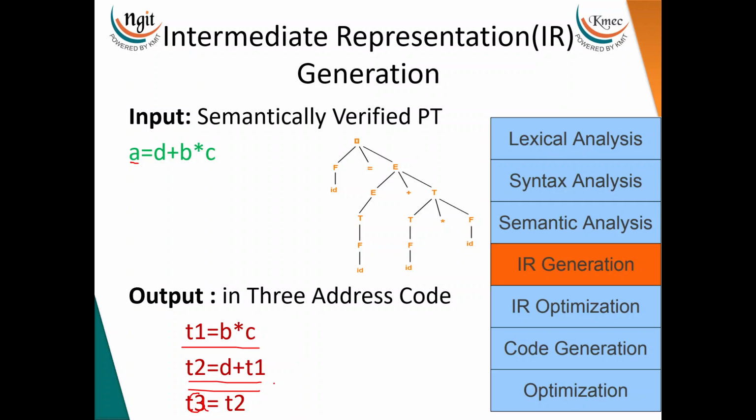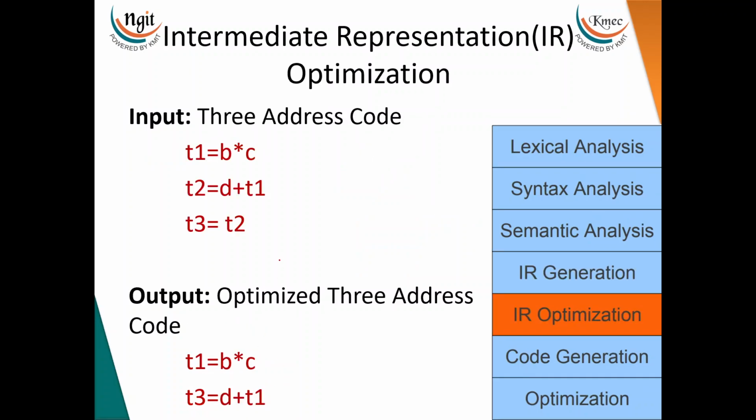So 2 is also allowed. And this will be given as input to the next phase of the compiler, that is IR optimization. So T1 is B star C, T2 is D plus T1, and A equivalent to T2. In place of T3, you can assume T2.